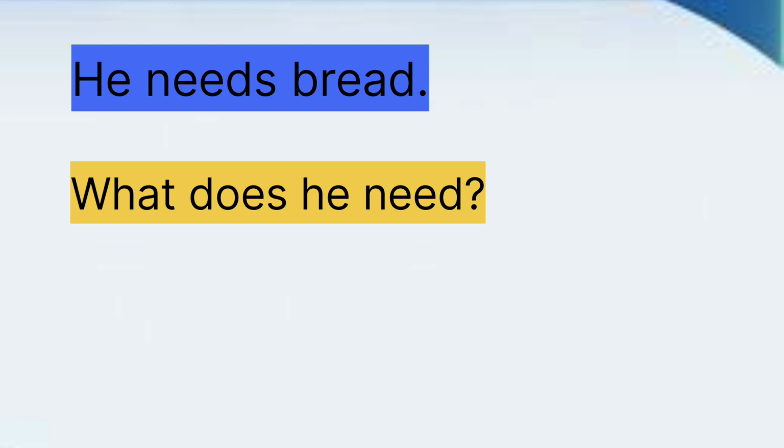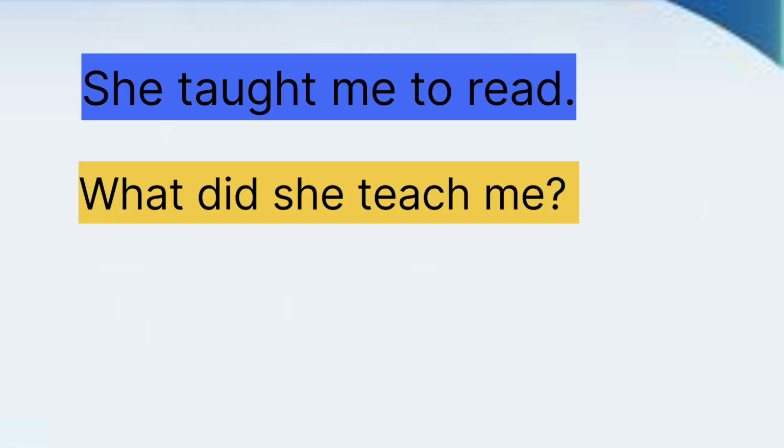Next example: she taught me to read. The underlined part is to read. Let us frame the WH question with the appropriate WH word, that is what. The answer is: what did she teach me? Did is the auxiliary verb used based on the main verb, which is in simple past tense.